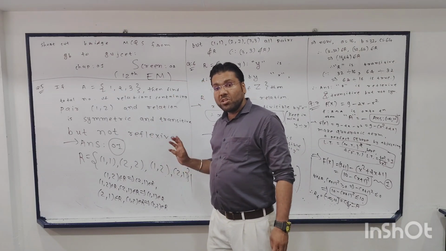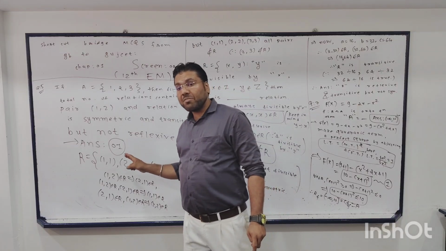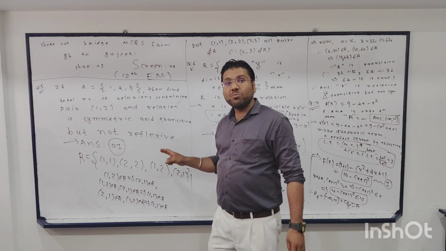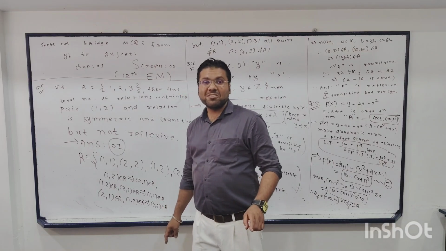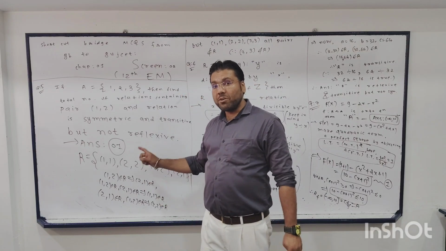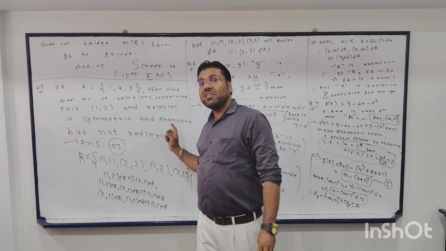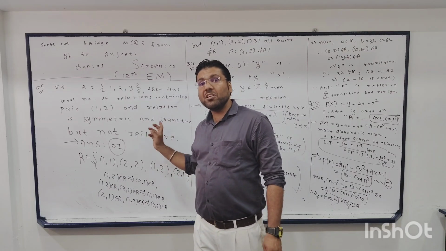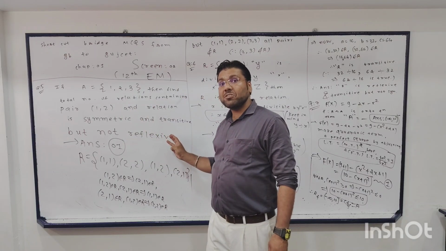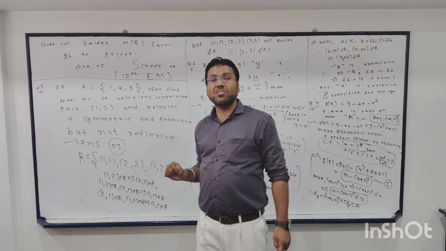The pair containing (2, 3) gives another relation: (2, 2), (3, 3), (2, 3) and (3, 2). It is also symmetric and transitive but not reflexive. Then (1, 1), (3, 3), (1, 3), (3, 1), the pair containing (1, 3) only, will be the third relation.